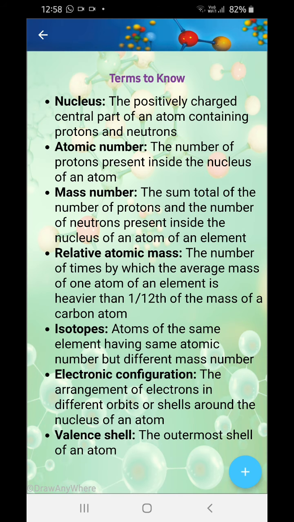Now this has many stories. First of all, they took hydrogen into consideration, as hydrogen's mass number is 1 because it has 0 neutrons. But then they found that hydrogen's mass number is not exactly that; it is 1 point something.